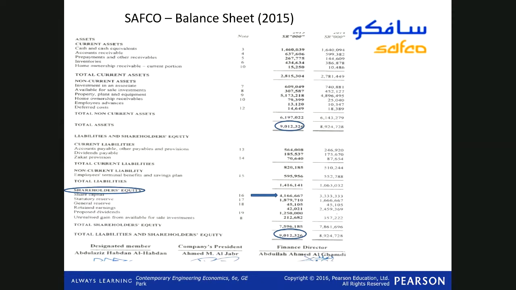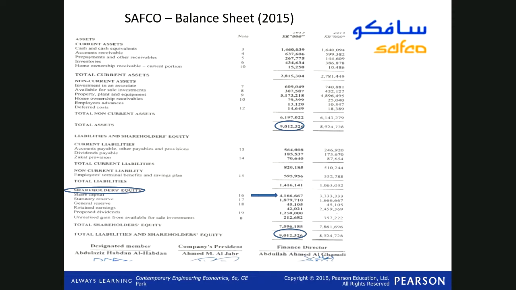So total assets, then you have total shareholders equity. We call it the equity contributed by shareholders, by owners. Sometimes we call it owners capital as well. Rasalmal or owners capital, this is the same thing.